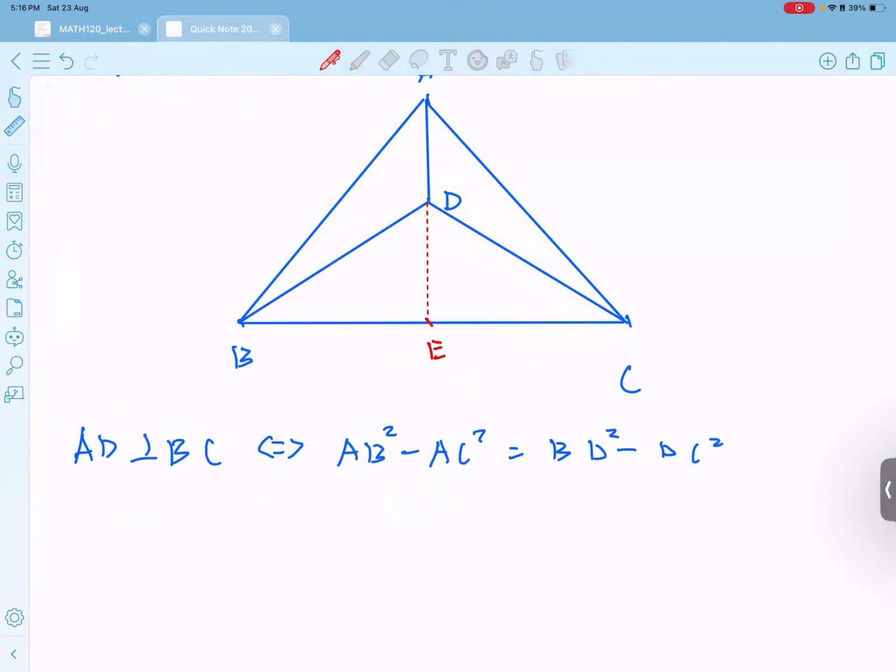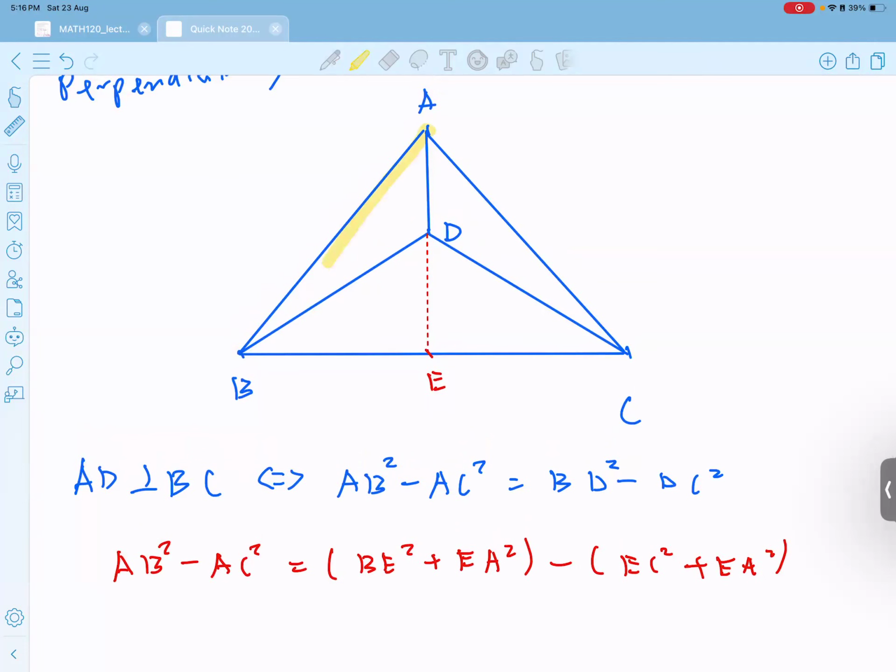Yeah. Okay. So AB squared minus AC squared, using Pythagoras, would be BE squared plus EA squared minus EC squared minus EA squared.